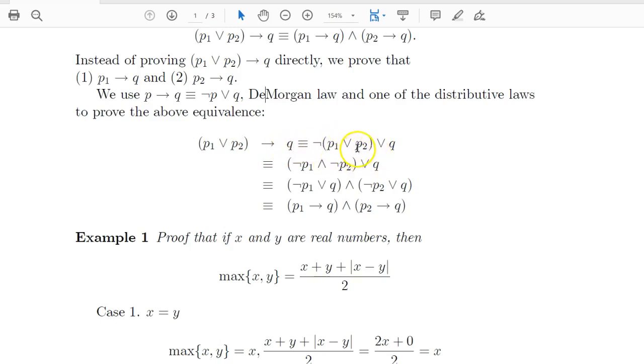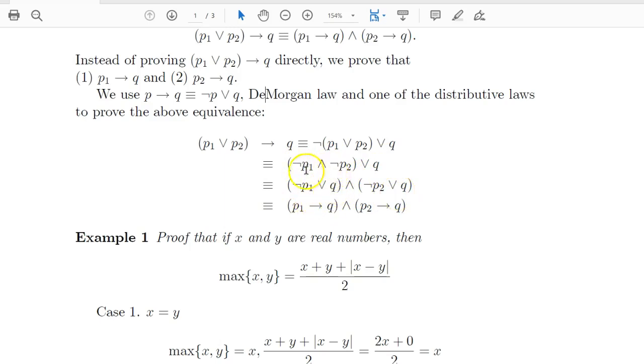The negation of this disjunction is the conjunction of negated P1 and negated P2. So this in parentheses, or Q. Now the distributive law applies: (not P1 or Q) and (not P2 or Q).